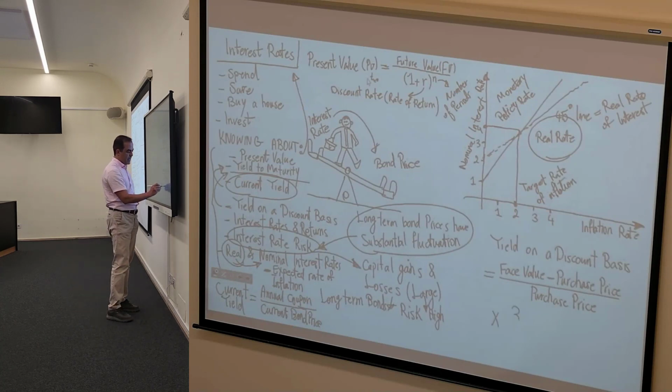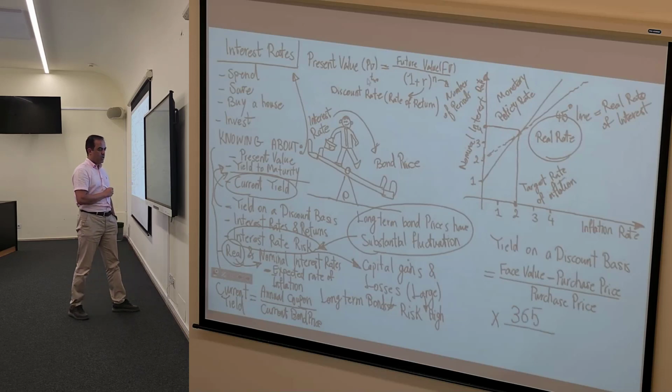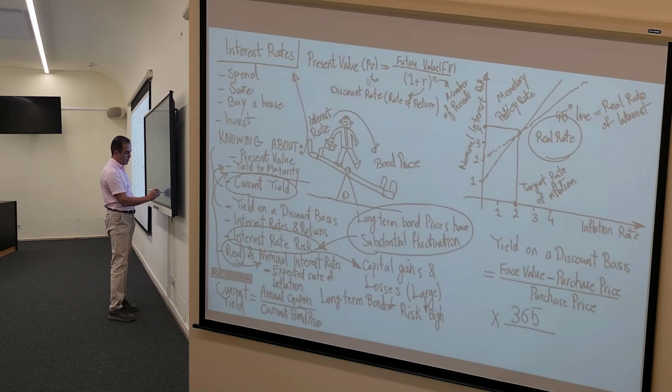The number of days in a year over the years to maturity.